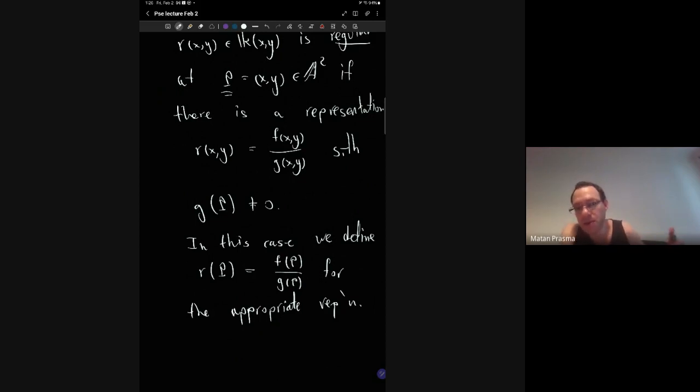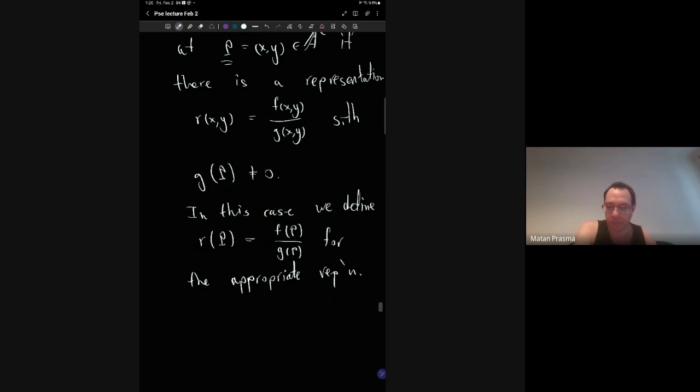If you substitute P in the other representation, you will get the same value as F(P) modulo G(P). This is simply because of how we defined the equivalence relation on the set of rational functions.